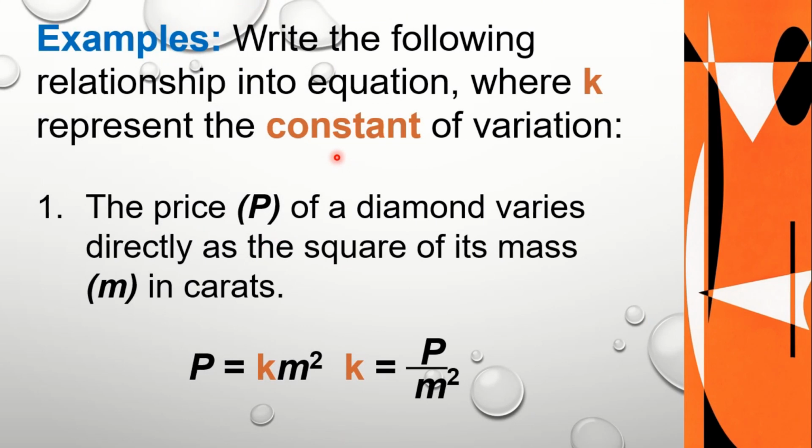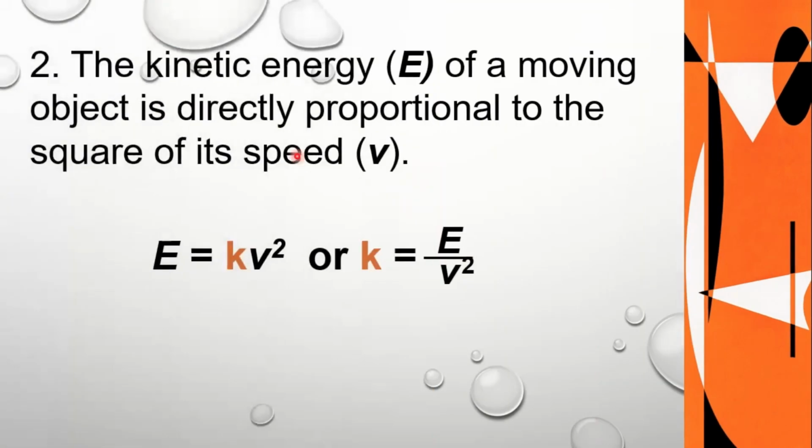So, how to write the following relationships into equations where k represents the constant of variation. 1. The price of a diamond varies directly as the square of its mass in carats. So, the two variables or quantities given, we have the price represented by P, mass represented by M. So, we write P is equal to k times M squared, or k is equal to P over M squared. 2.